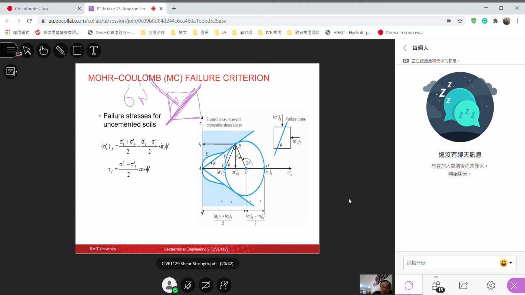This is the shear stress developed along the failure plane, but we can relate it to our normal stress, major principal stress, and minor principal stress.